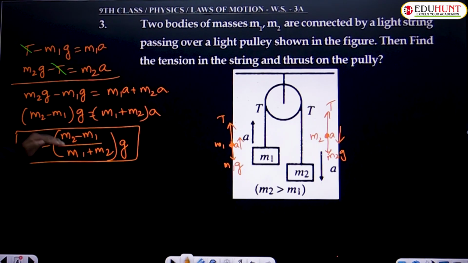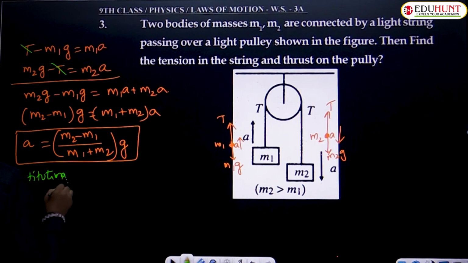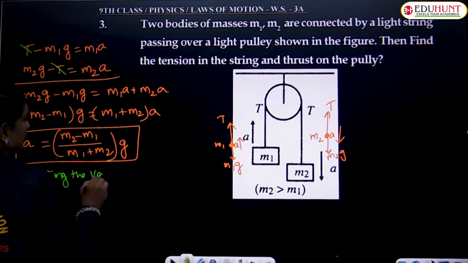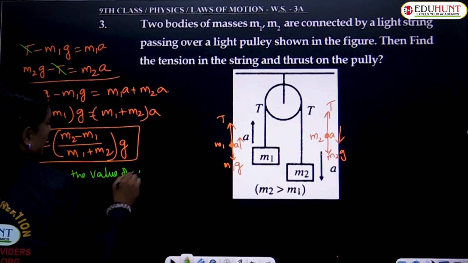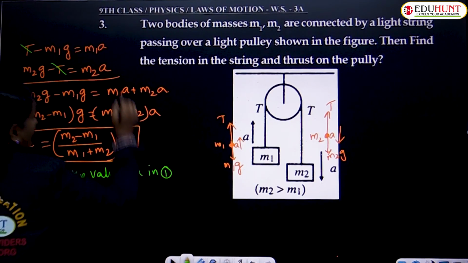If you substitute the value of acceleration in either of the equations, the first equation or the second equation, we can get the value of T. So let us substitute the value of A in equation 1.